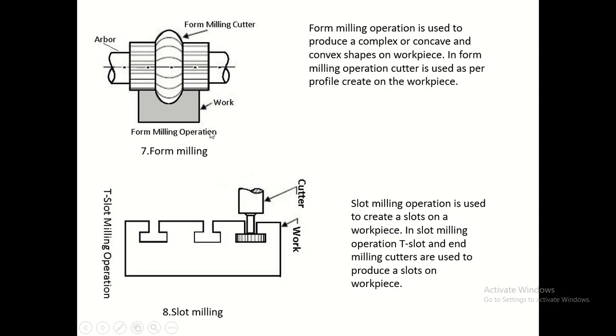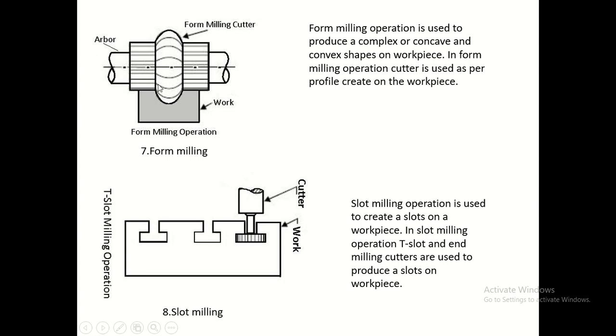Then form milling. In form milling operations, we create complex shapes which are not produced by other milling operations. For this purpose, we use the form milling cutter, which produces complex shapes, both convex and concave.